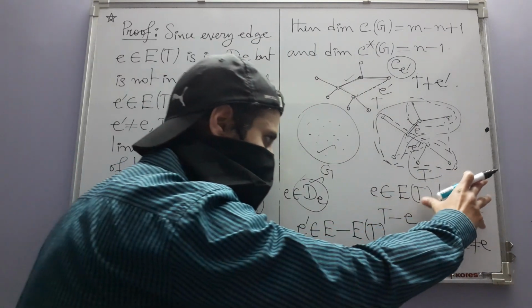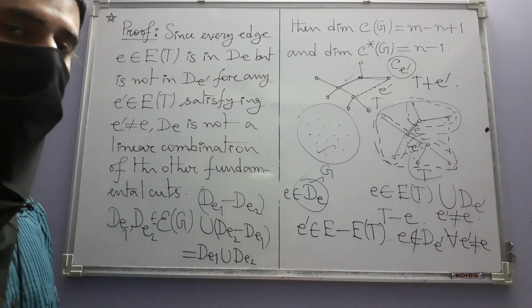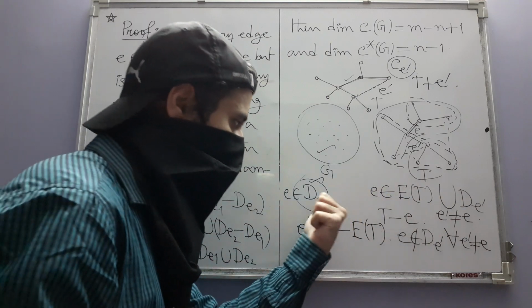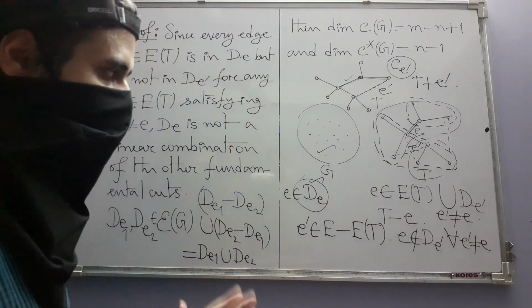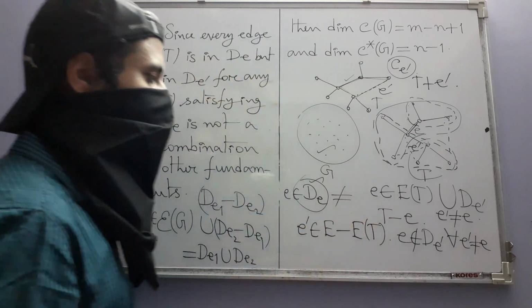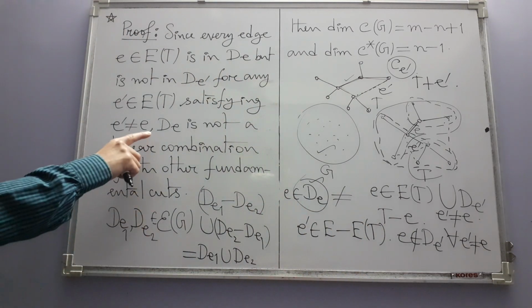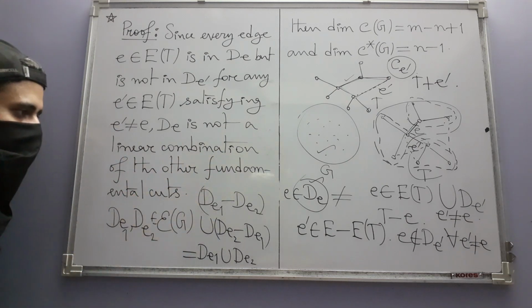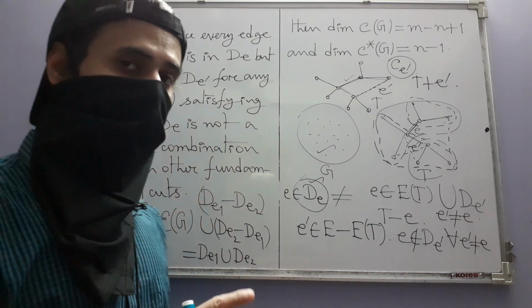Which in fact is the linear combination of the fundamental cuts in the edge space which are different from this fundamental cut, and that's why this linear combination is not equal to DE. That's what we have here. DE is not a linear combination of the other fundamental cuts. And what does that tell you?